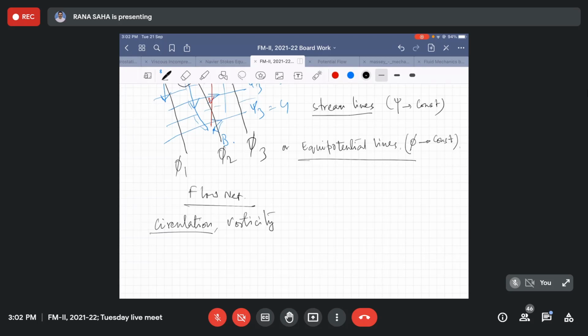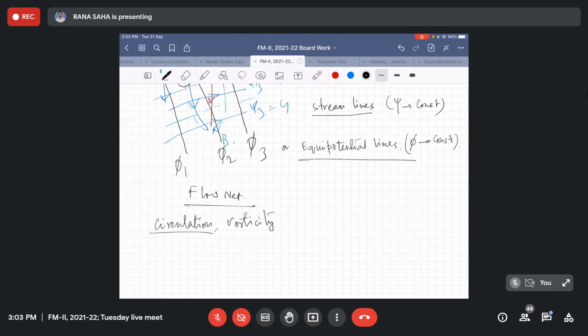So shall I continue? In the next part, we moved into circulation and vorticity, where circulation is being defined in a mathematical manner. From Stokes' theorem, it's a line integral of the tangential component of the velocity taken around a closed curve or a closed loop in the flow field.